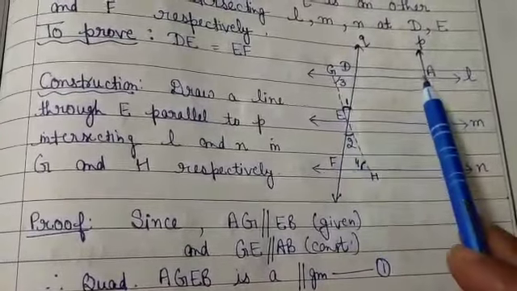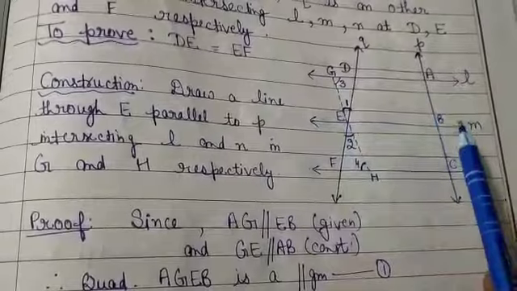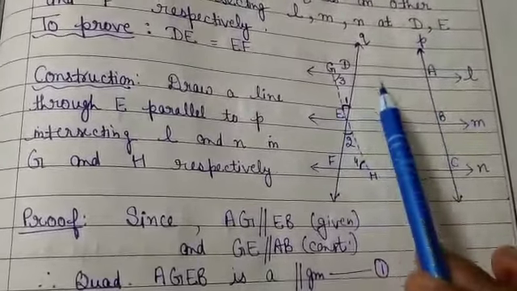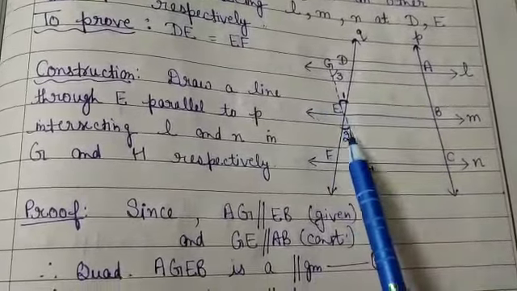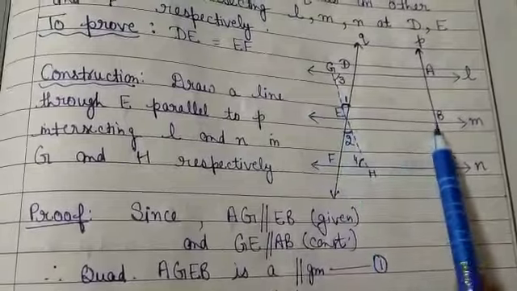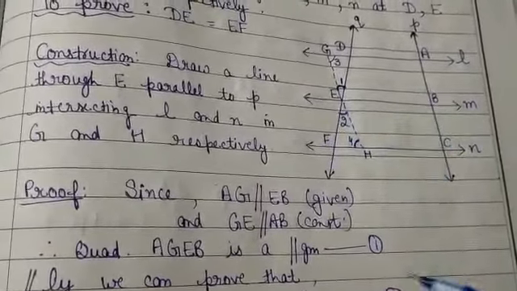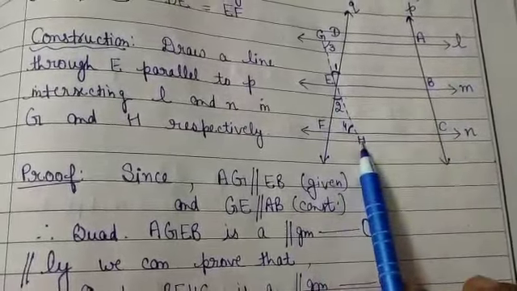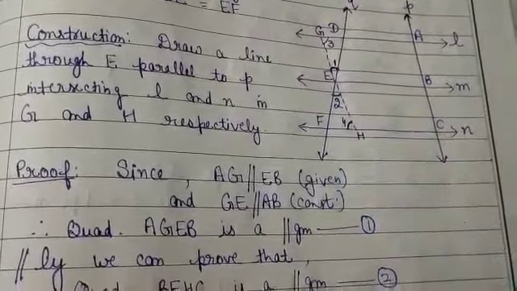And GE is parallel to AB, because of our construction. These two opposite sides are parallel, so it's a parallelogram. Similarly, we will prove that E, B, C, H is also a parallelogram. How? EB is parallel to HC because M is parallel to N, and EH is parallel to BC because of our construction.